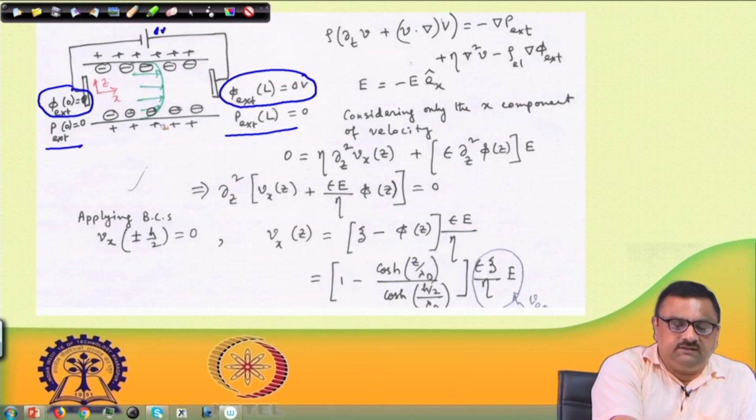Since these are negative charges and this is the positive electrode, there would be more free negative charges here, and these negative charges would be pulled towards this positive electrode.